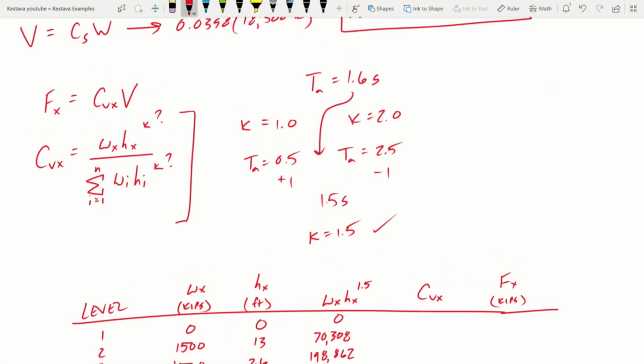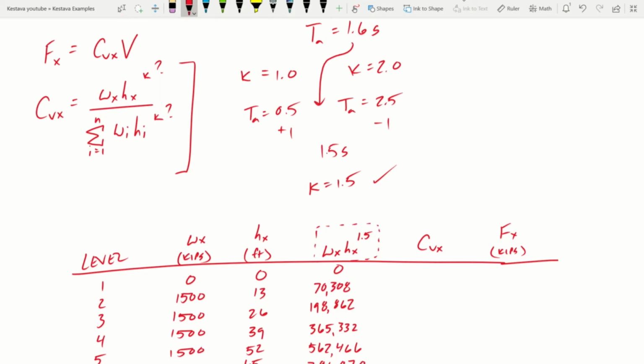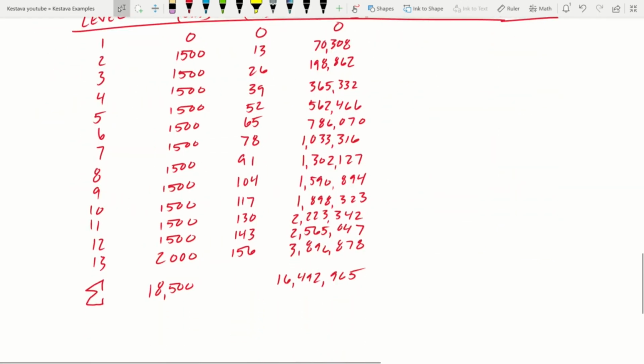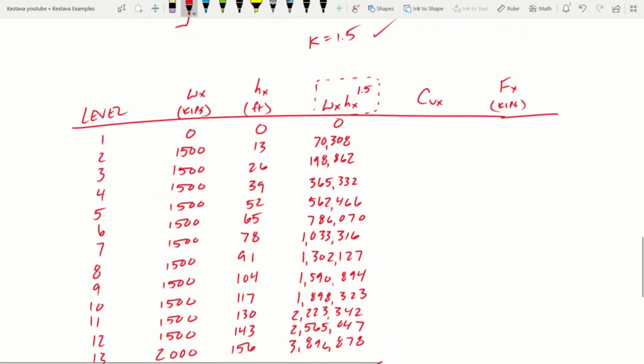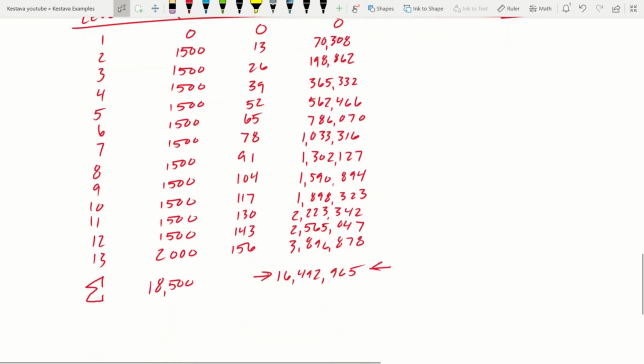So it's just this number at the story that you're at divided by the sum. That gets you Cvx. It's basically the ratio of the portion of the base shear that's distributed to the story to get you your story shear. But it's that ratio of 1, as you'll see. So let's get going with plugging that in.